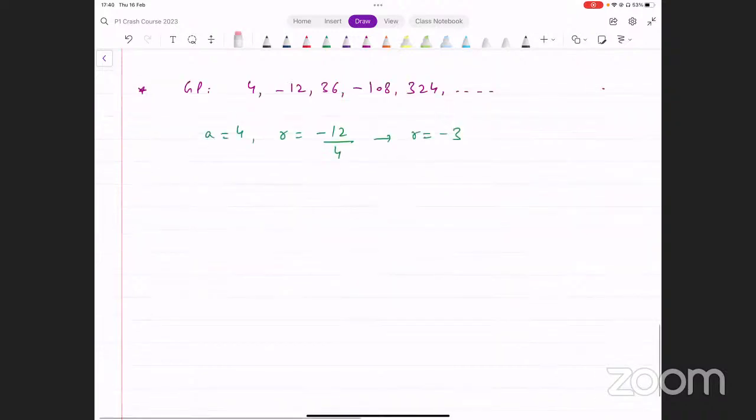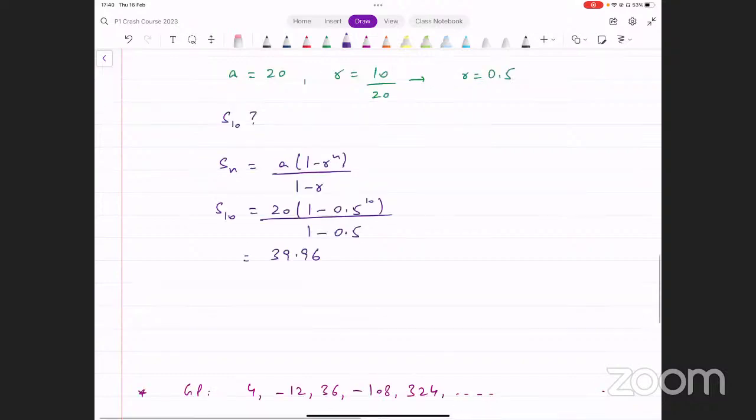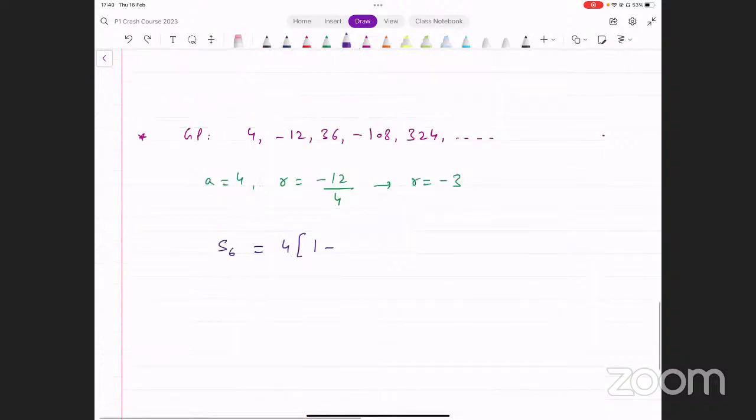All right, now in this, if you had to find anything in particular, let's say you were looking for the sum of the first 6 terms. How would you do that? A, which is 4, into 1 minus R. Now you've got to be very careful how you're inputting values here. Remember, the formula is R raised to power n. What's the ratio? Ratio is minus 3.